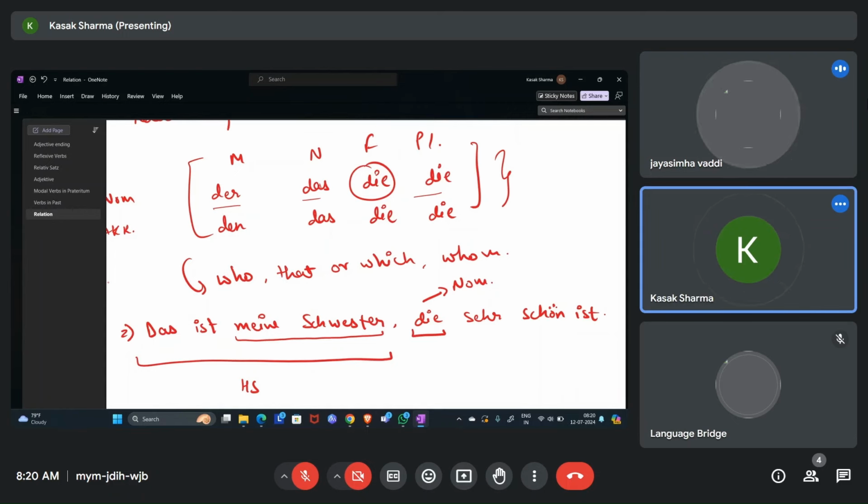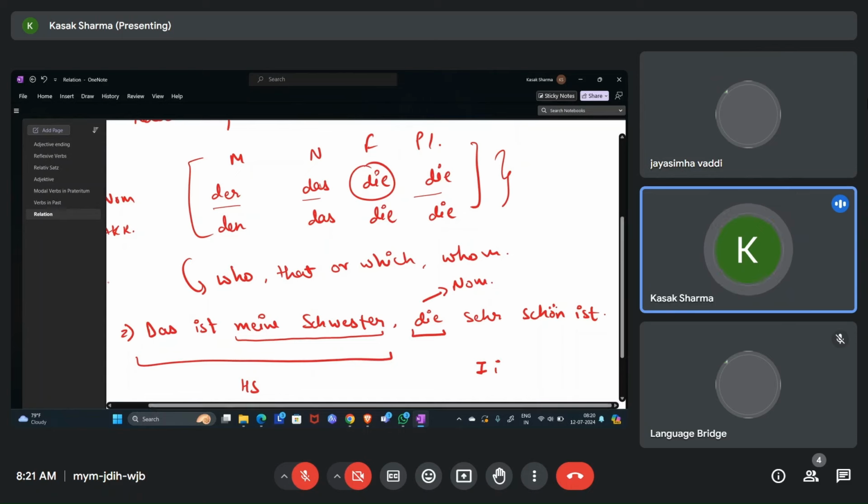For example, if it is written, das ist meine Schwester, that is my sister, whom I find beautiful. So in this case, whom, and then I is present, which is ich. So in this case, I would be using den, this accusative. Why?